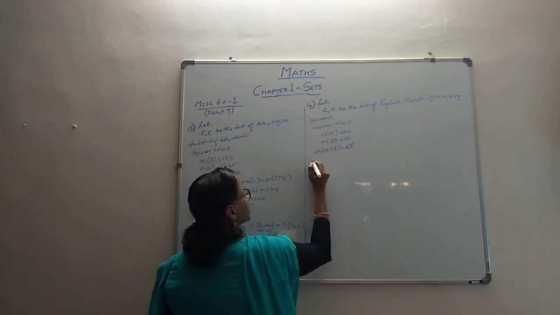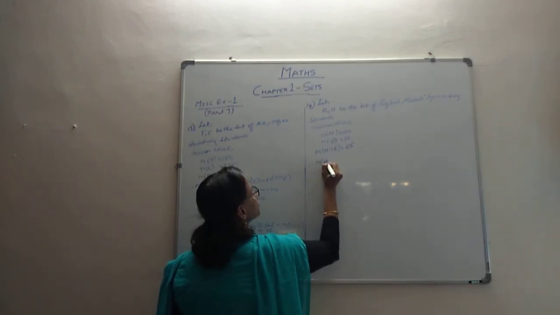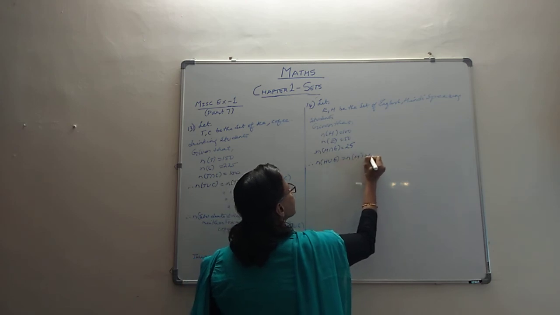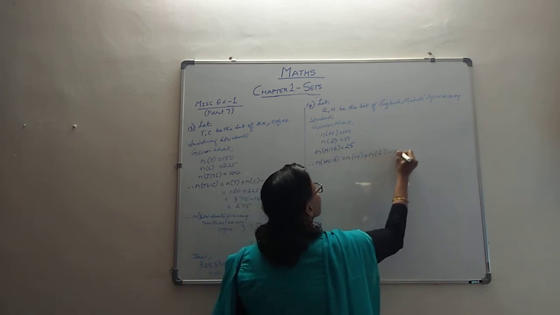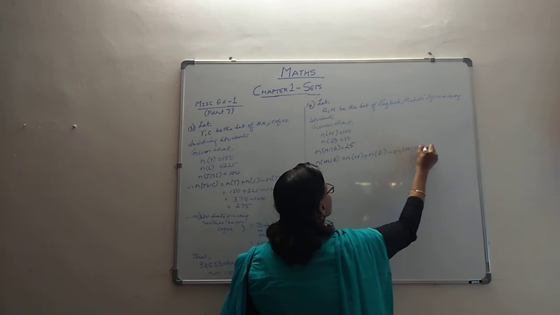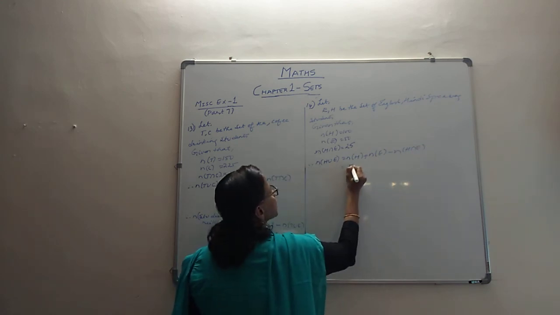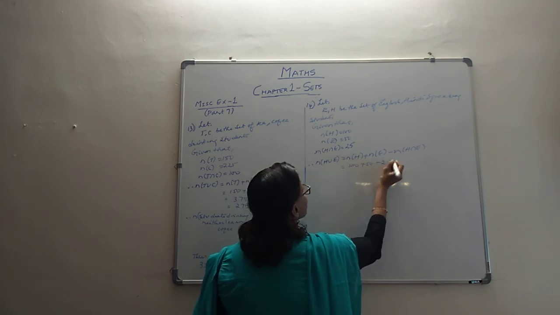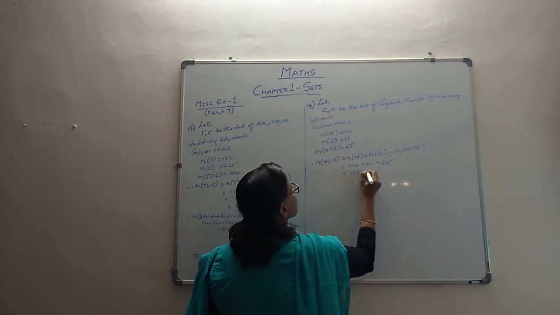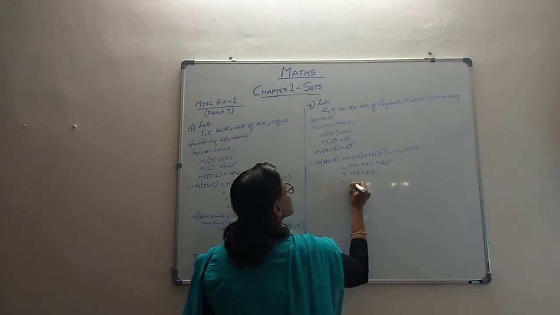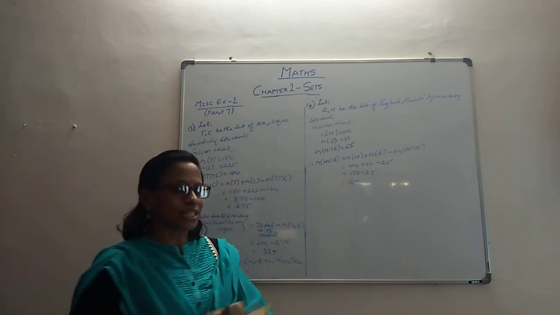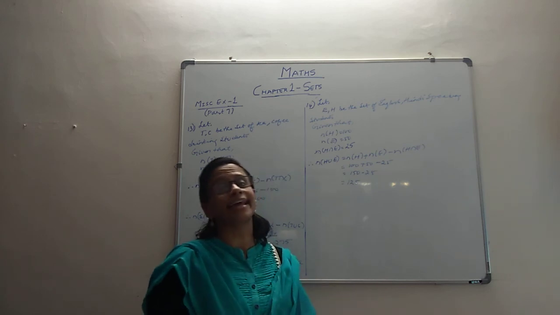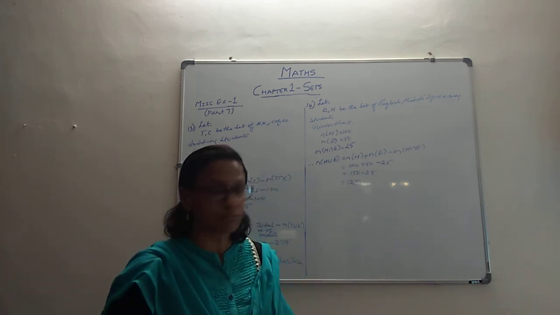So let's see how it comes. n(H union E), by formula, is n(H) plus n(E) minus n(H intersection E). n(H) is 100, n(E) is 50, and this is 25. So 150 minus 25 is 125. They have asked how many students are there in the group, meaning the total number of students.